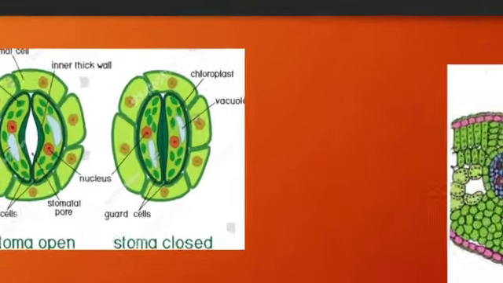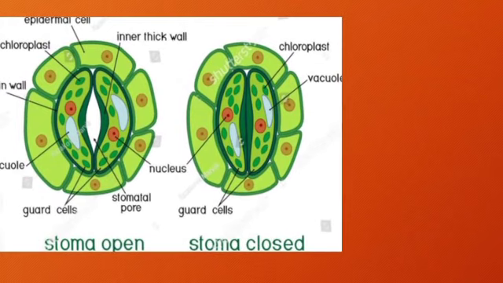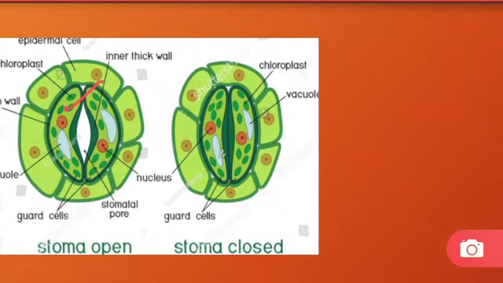Before that, let us first go through the structure of stomata. The stomata consist of guard cells, which are surrounded by the epidermal cells. These guard cells have vacuoles, and the vacuoles have a vital role in this process.